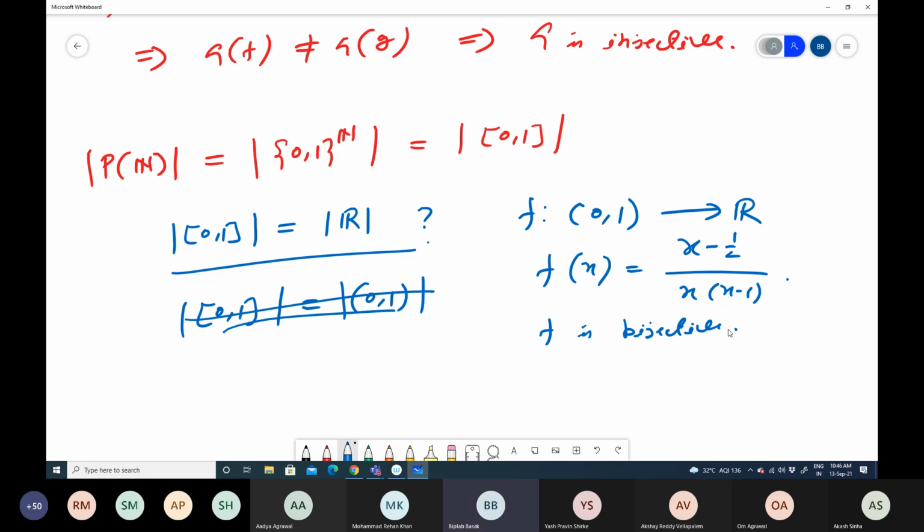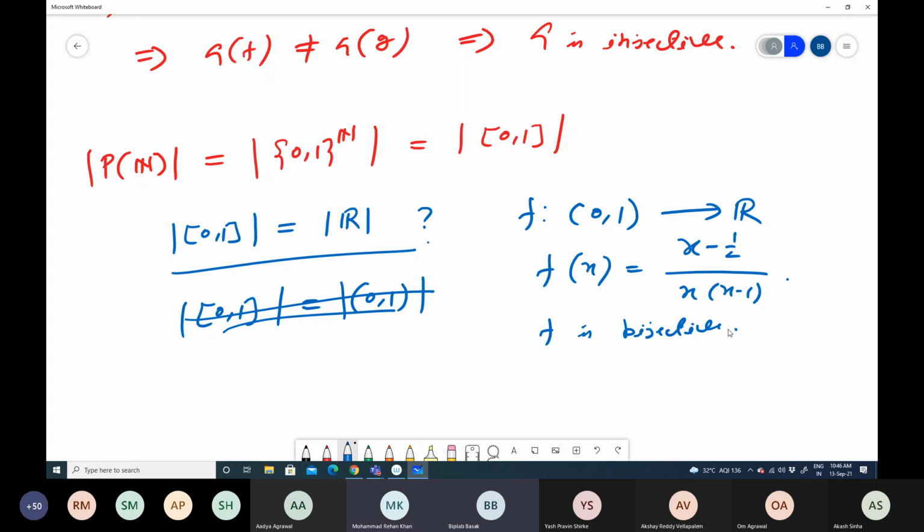Just a minute, where does it go to infinity or to minus infinity? Near 0, minus infinity. So it is going to plus infinity, I guess. If you take 0 plus, yes. But it goes somewhere between minus infinity and plus infinity.